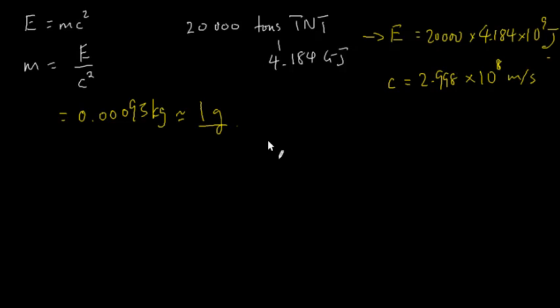I need to be careful about when I say needed, because it could mean the actual mass of the whole bomb that's used. But 1 gram is the mass that has to be converted to energy to produce this 20,000 tons TNT equivalent of destruction.